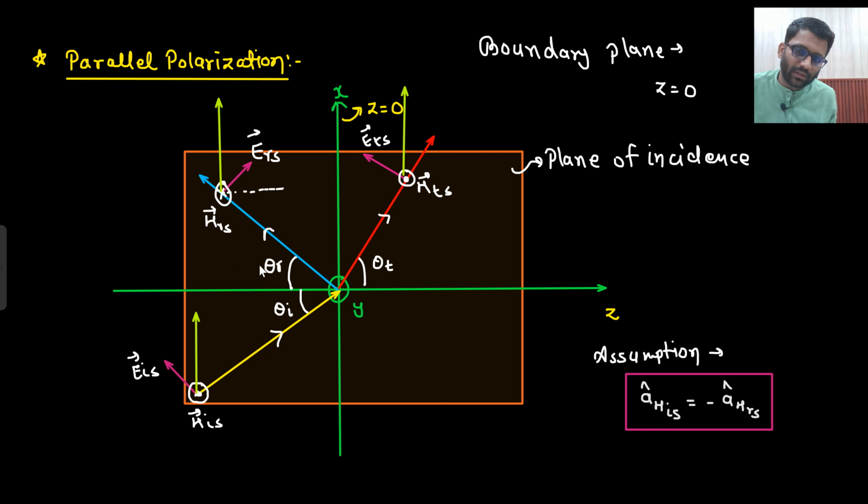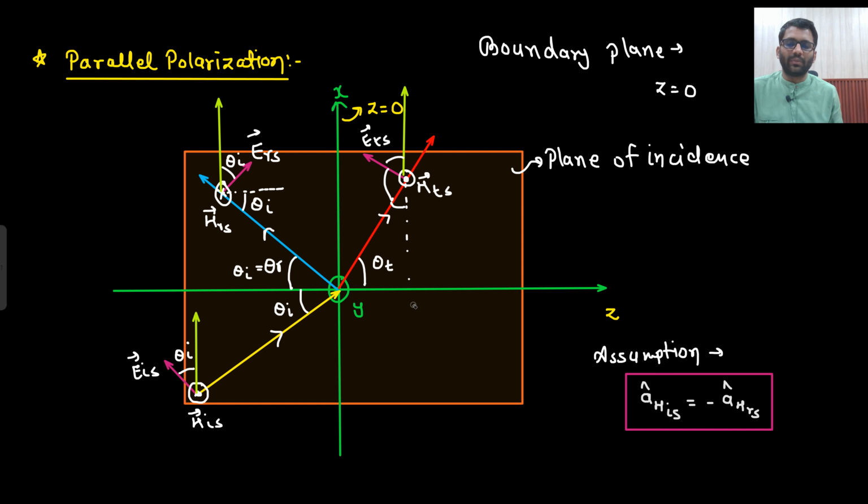This is equal to theta I only, so this would also be theta I. This is 90 minus theta I, so this would be theta I only, right? What about this one? This is theta T, and if I extend this, this would be 90 minus theta T. This angle is 90 minus theta T, this is 90 degrees only, so this has to be theta T only.